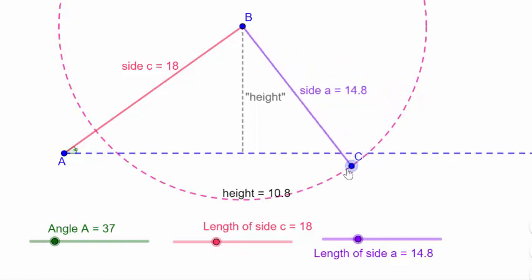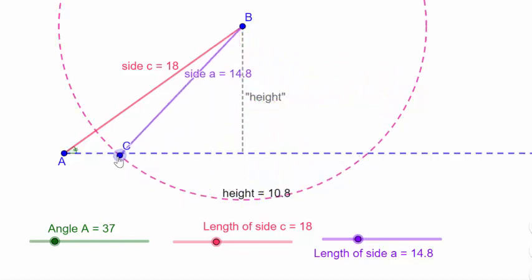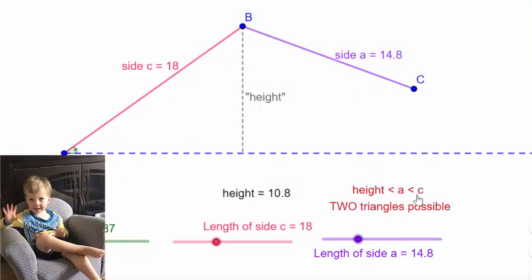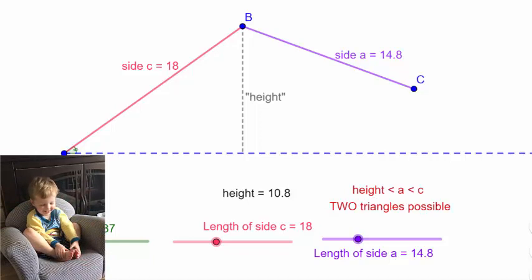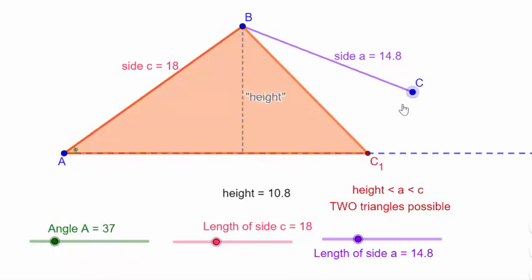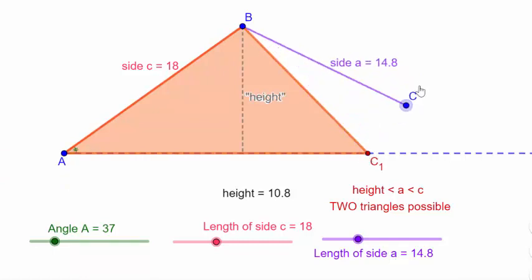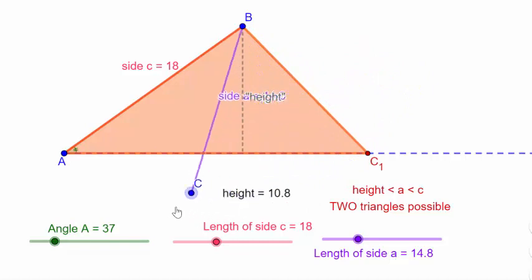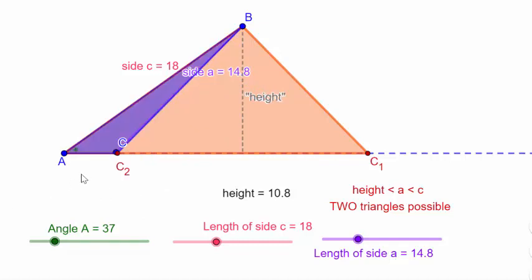So now if I make it a little bit longer, you'll notice there are two locations where that's possible. Yes, there are actually two triangles possible. There's a triangle at that location, which we're going to refer to as C1, and if you swing it over farther past that, there's also a location over here, that purple triangle that is created.